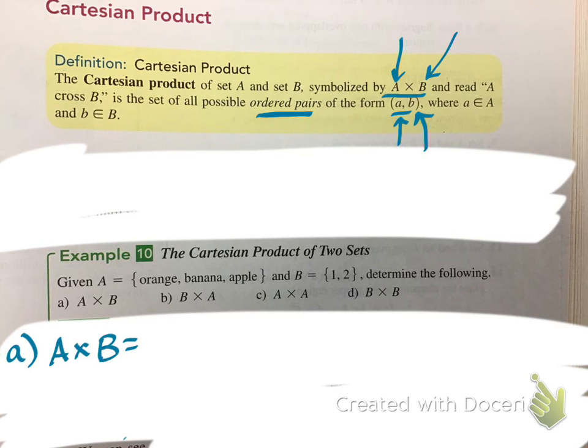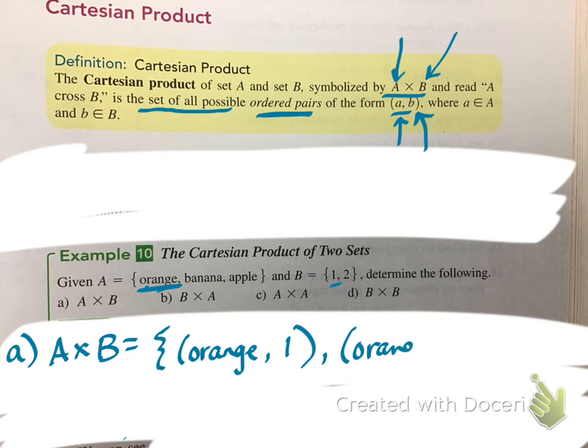The Cartesian product is the set of all possible ordered pairs. So these are ordered pairs, and it's in a set. What I would do, since A is first, my x coordinates are going to come from A. So it's going to be like orange, comma, 1. And then I'll do orange again, and I'll take the other element in B. So orange, comma, 2.